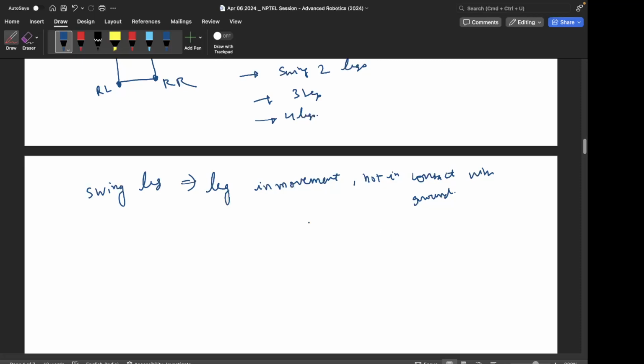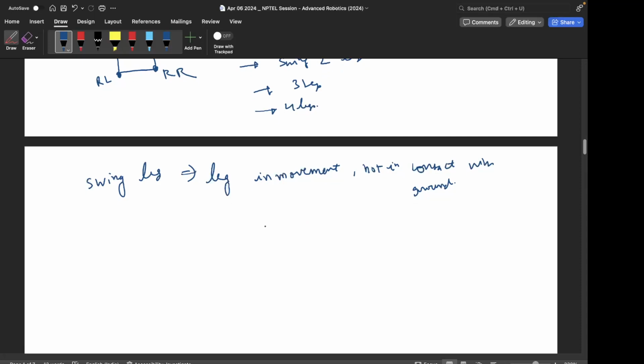In legged locomotion, we repeatedly make contact with the ground and break contact with the ground, because in order to move ahead, we need to push into the ground with our feet so that the reaction force propels the body forward, and we need to keep repeating this to move ahead.